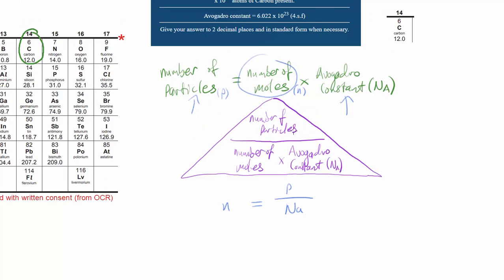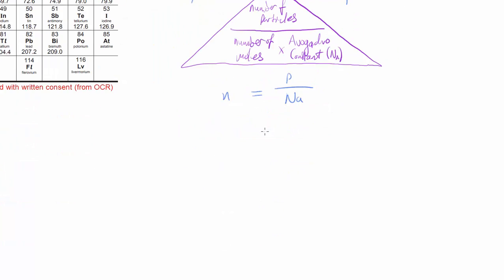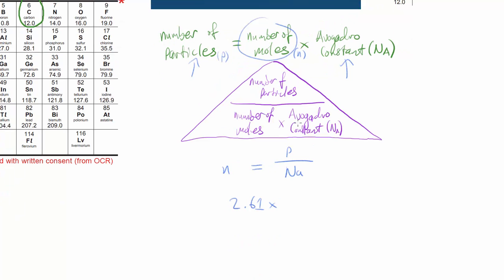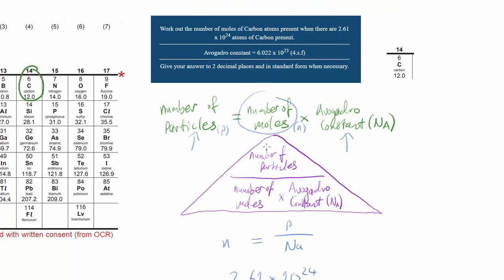So if we do that, that's going to be 2.61 times 10 to the power of 24 divided by the Avogadro constant, 6.022 times 10 to the 23.